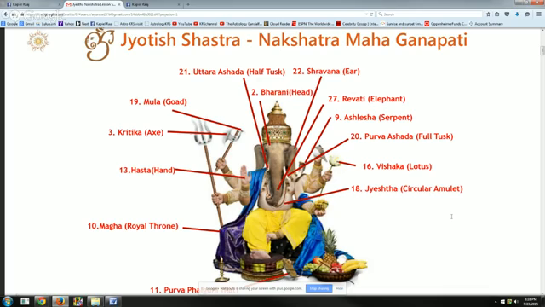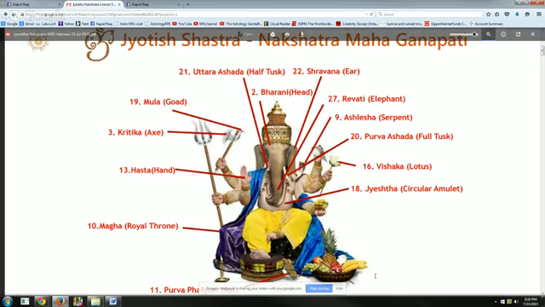So Jyotish is a very prominent aspect of the Vedas. When you come to Jyotish, nakshatras become a very important concept. I talk about 4 important pillars of Jyotish. The first one being the grahas, or the planets.